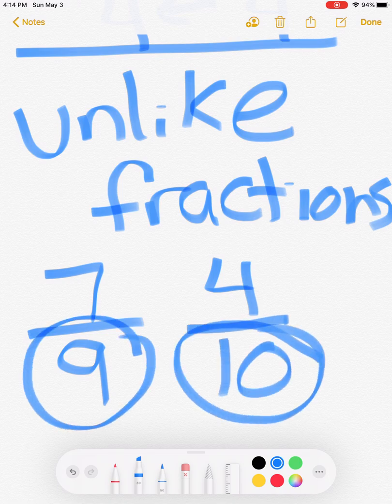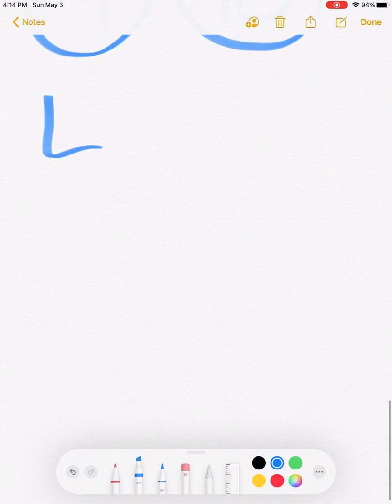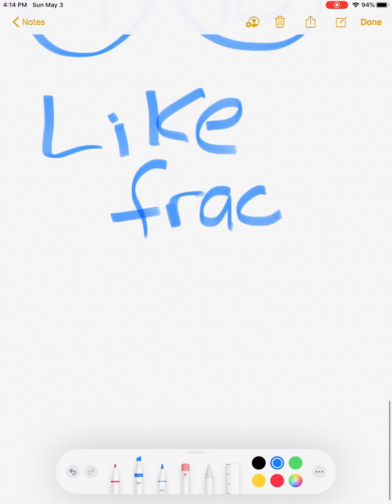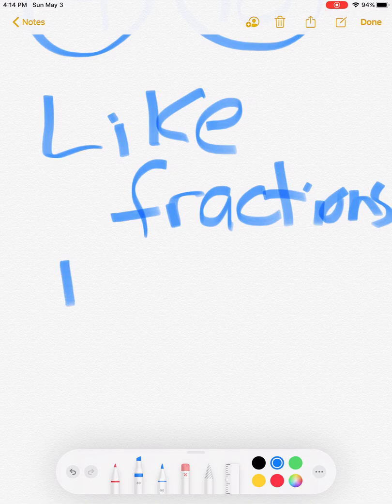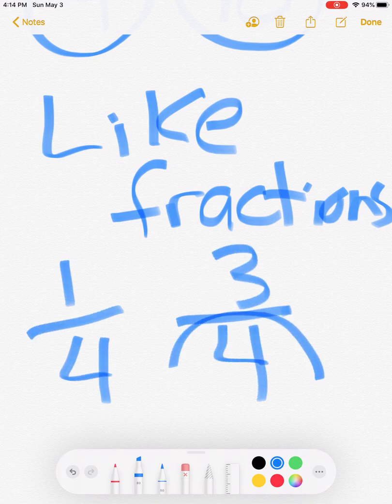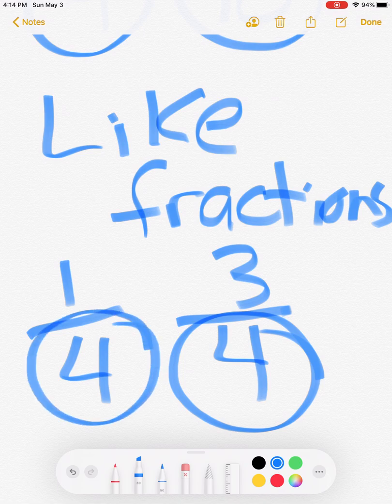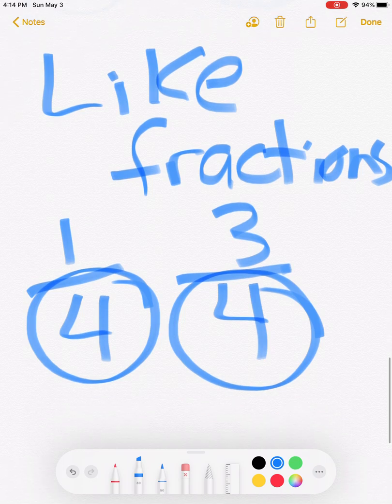They're not the same. But a like fraction has the same denominator. It makes it easy to add or subtract. 1/4 and 3/4. See, we have the same denominator and they are considered like fractions.